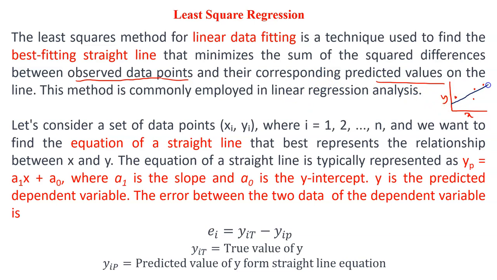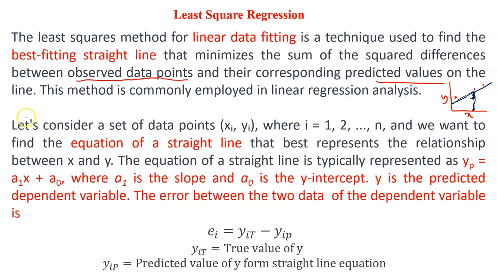This is the observed data point, and at a particular x, if we go to that straight line, we get another y value, so that is the predicted value. From the predicted value and observed value, obviously there will be some error. So our target is to get such a straight line that the error is minimum.